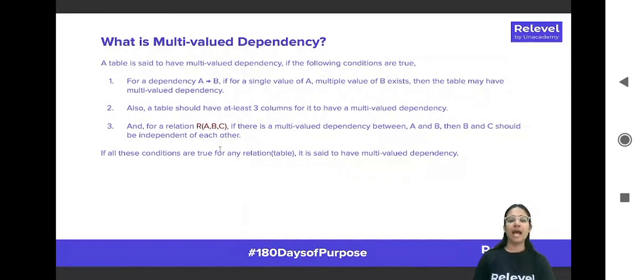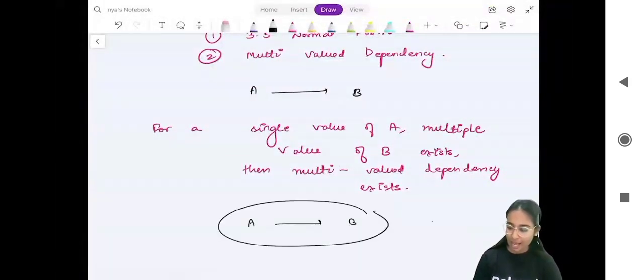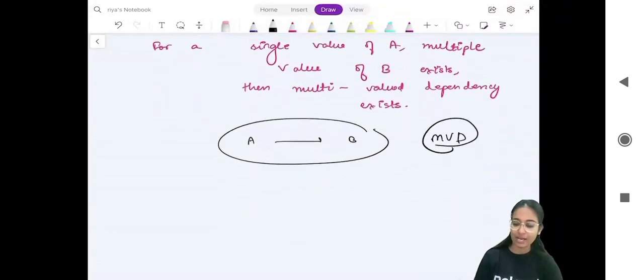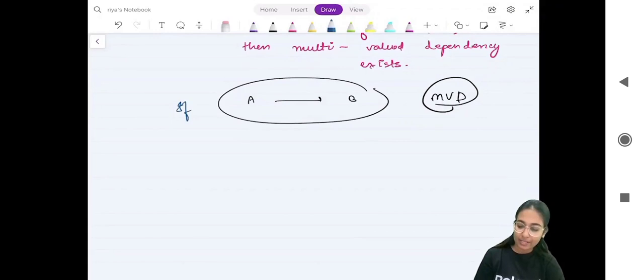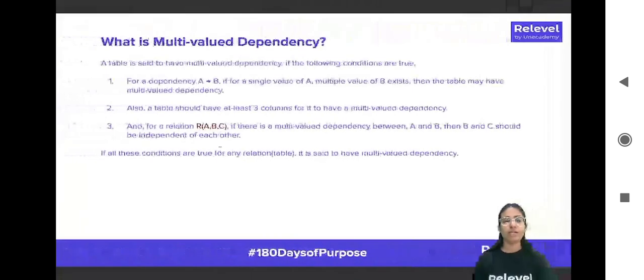And for a table R which has 3 columns A, B, C, if there is a multi-valued dependency between A and B, then B and C should be independent of each other. That's what it really means.